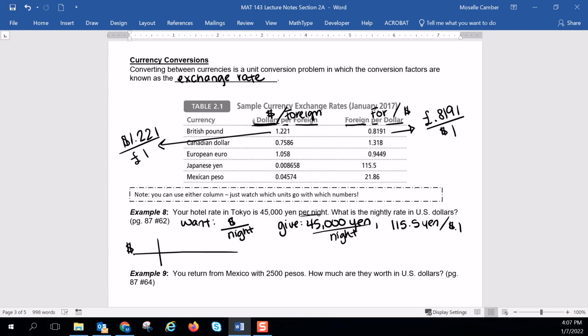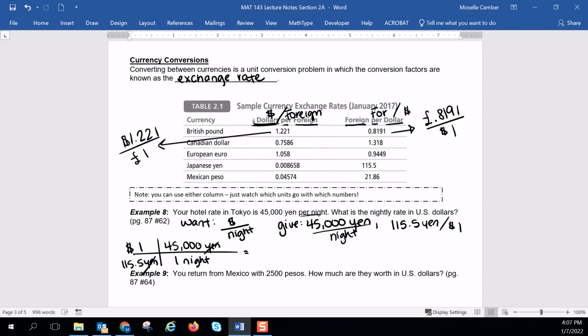So in this case, I want dollars, so I know the exchange rate is $1 for 115.5 yen. And I need to cancel out yen, so I'm going to put my 45,000 yen. So this is where I figured out I had a mistake. If I just had the yen, I'd have nothing here, and I just have dollars. There'd be no way to introduce this night. So because this is per night, we have our 1 night here. So yen cancels, now we're left with dollars per night, which is what we want.